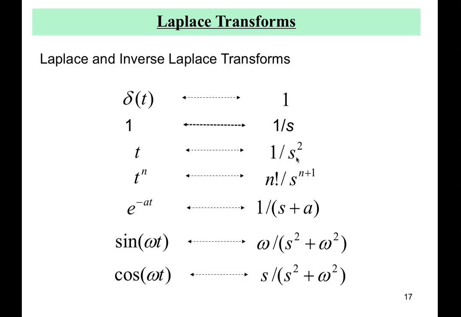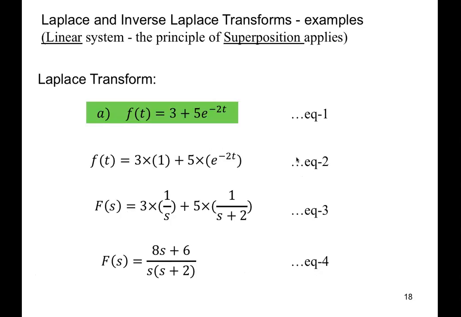If you multiply one signal by a constant, you can multiply its Laplace transform by the same constant. So the principle of superposition applies for linear systems, and that will make our life a lot easier for more complex systems.